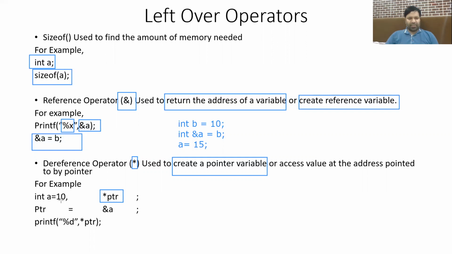So int a = 10 is a normal variable, and int *ptr means it is a pointer variable. ptr = &a. You have already seen &a is used to return the address of a. So the address of a will be stored in the pointer variable. I hope that these three operators are clear to you: sizeof operator, reference, and dereference operator.